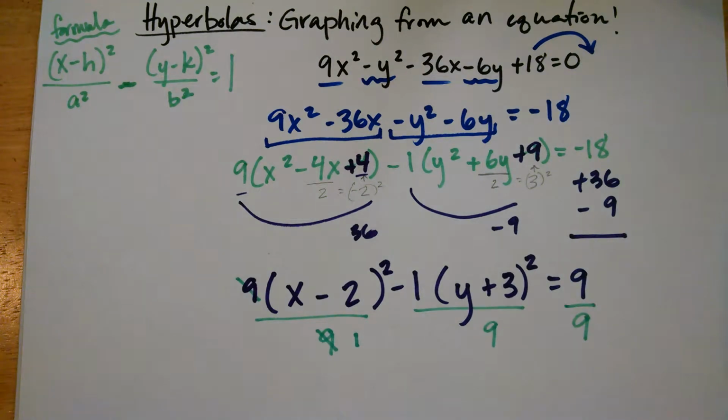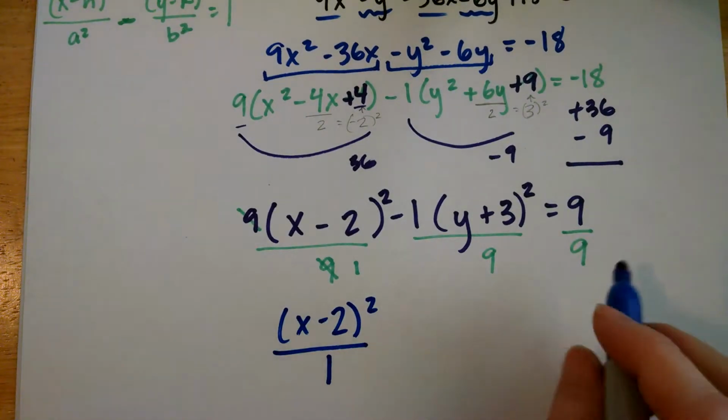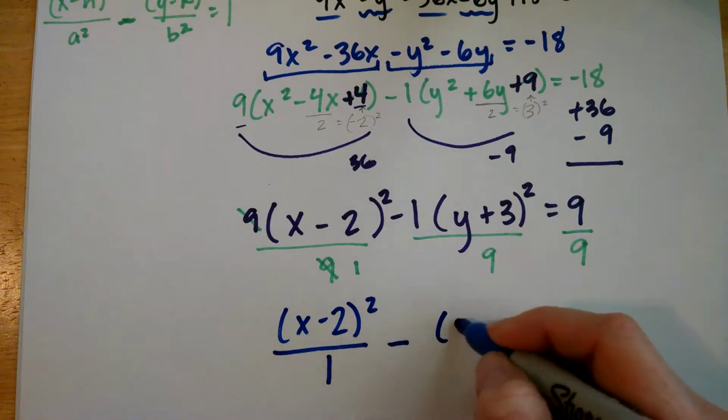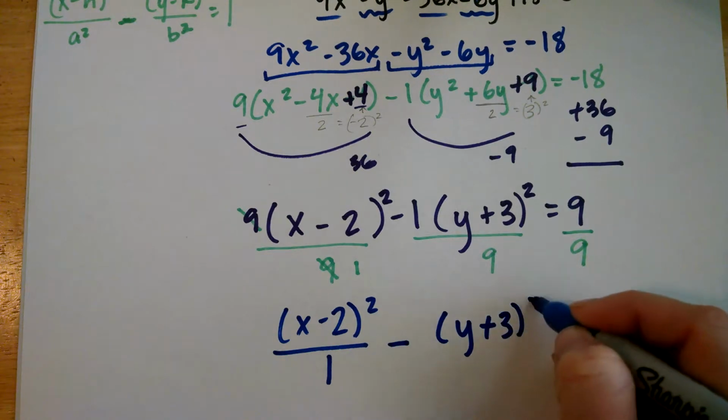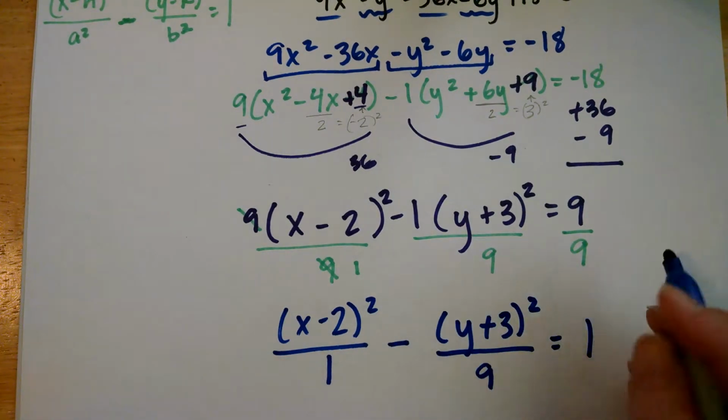So our final equation, what we're seeing here, is x minus 2 squared over 1. And I know that 1 doesn't have to be there, but it's good to help us see what we're doing when we're graphing this. Minus y plus 3 squared over 9 equals 1.